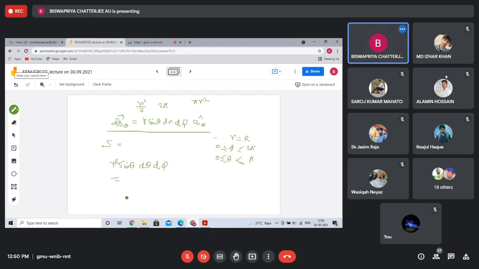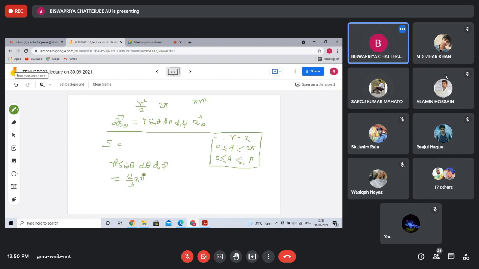Anyone? Please. So 2 by 3 pi r cube. Is it?